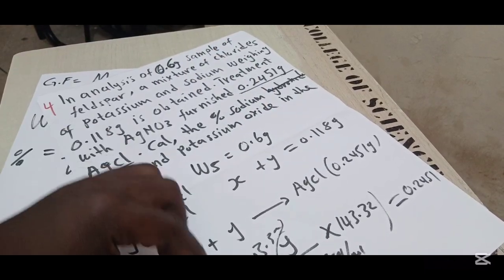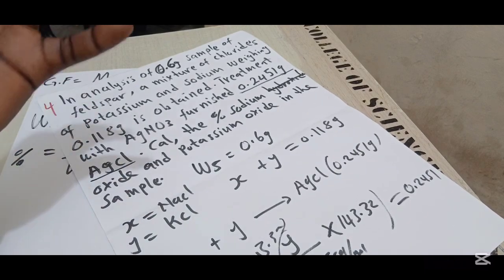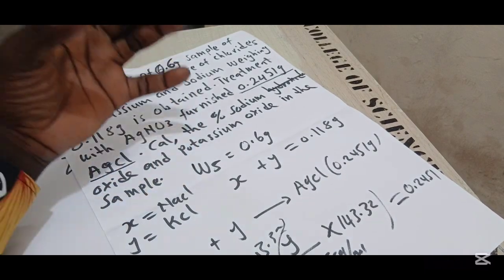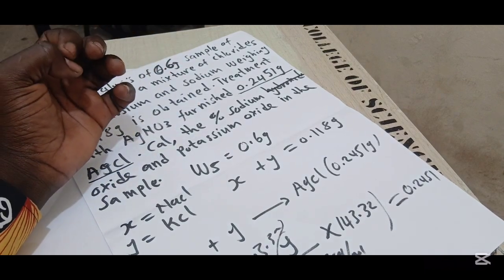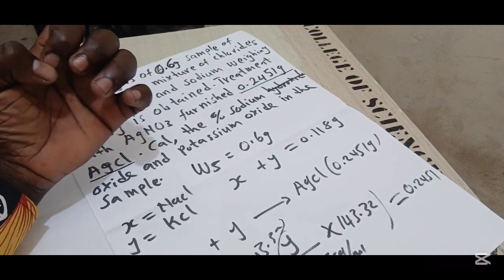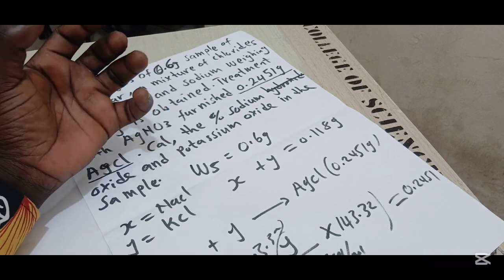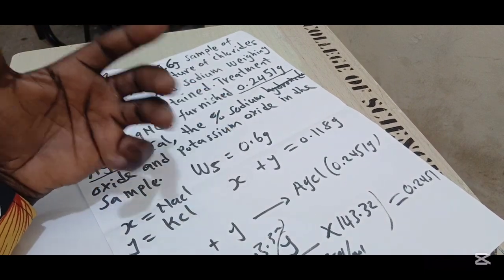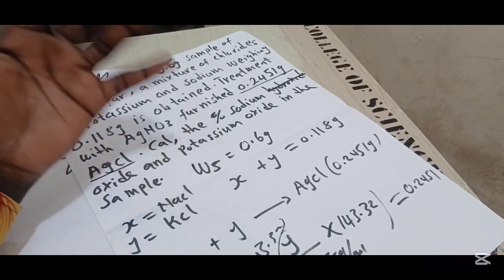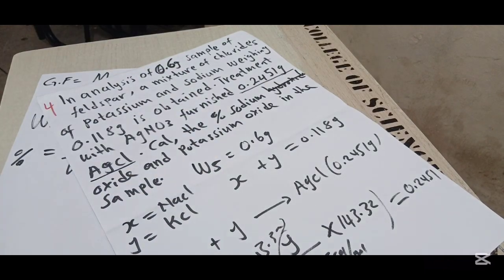So we are doing all these calculations to know the amount of sodium chloride that is there and potassium chloride that is there. Then we can go ahead and use sodium oxide as an analyte again and potassium oxide as an analyte again and calculate its percentage, since we know the masses for sodium chloride and potassium chloride. So let's go ahead and do that.